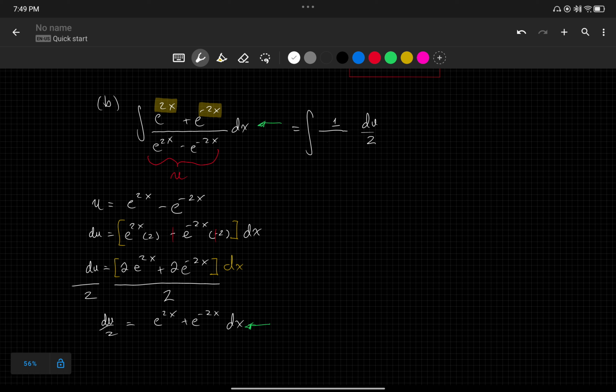And the bottom was u. So you can slide out 1/2 du over u. And there's that guy again. Natural log, absolute value of u plus c.